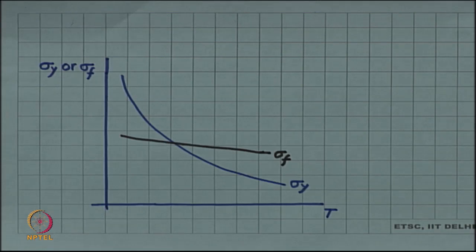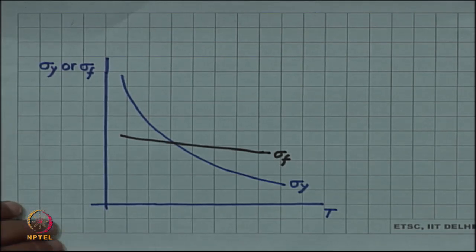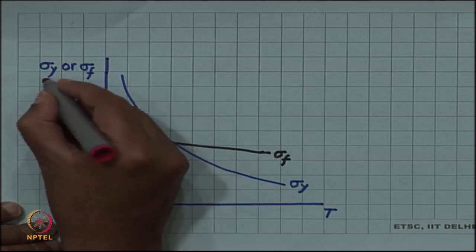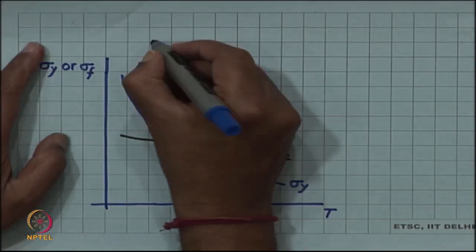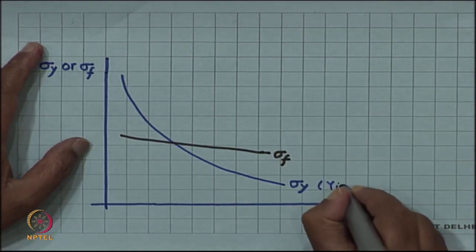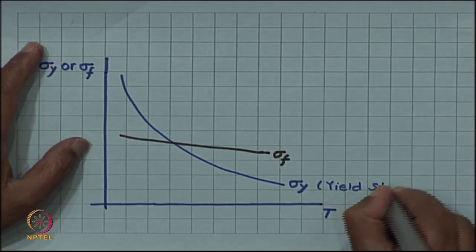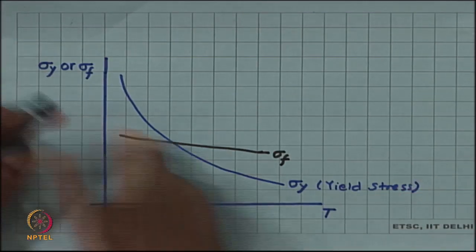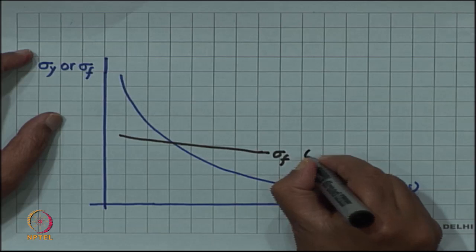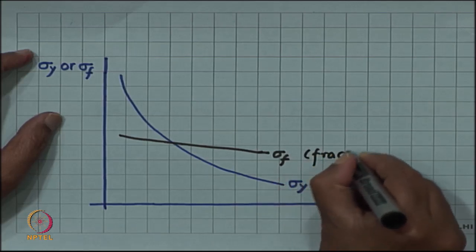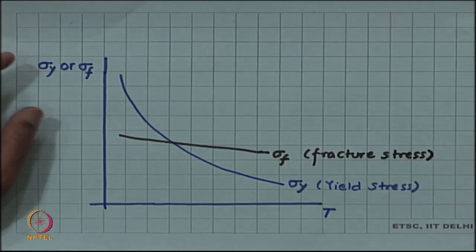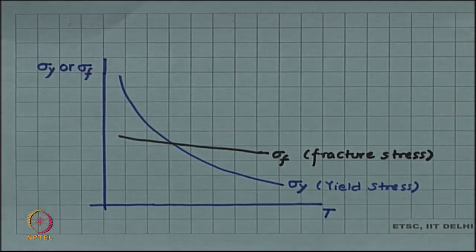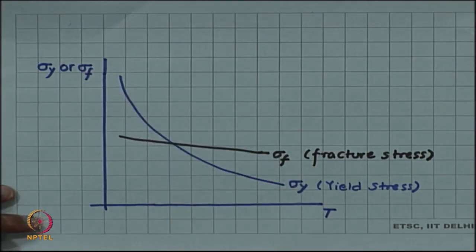One way to look at this transition is this. Let us plot the yield stress sigma y, and sigma f is the fracture stress. And we are considering a situation where the yield stress is a strong function of temperature.